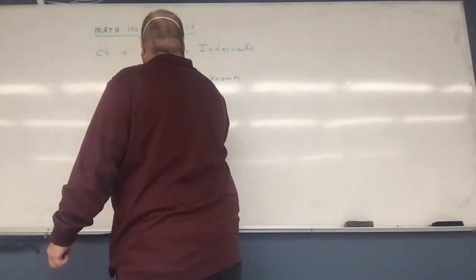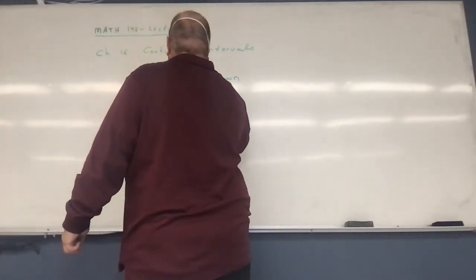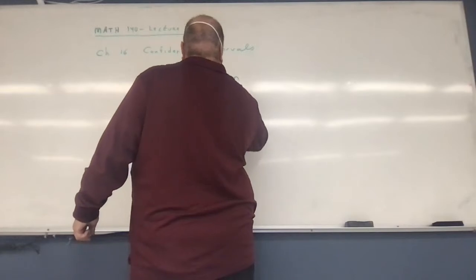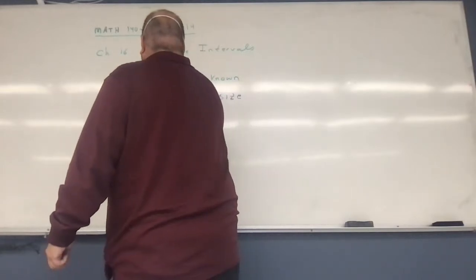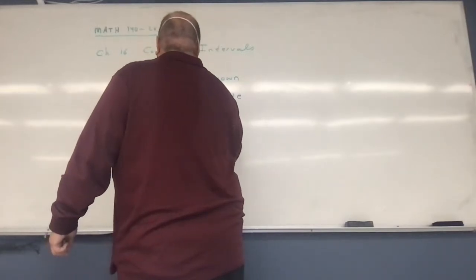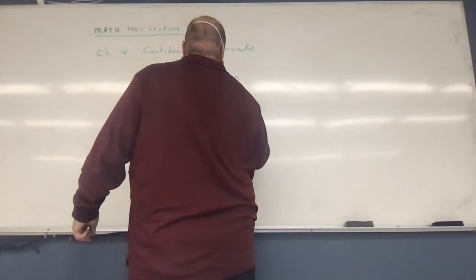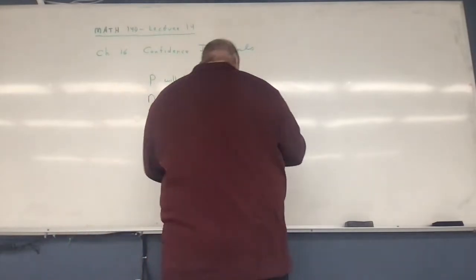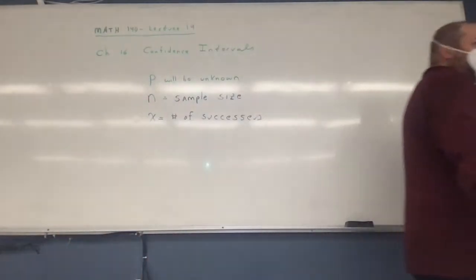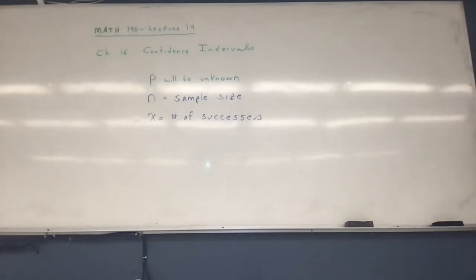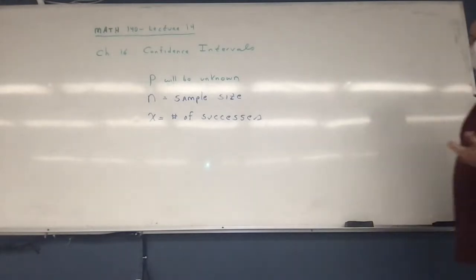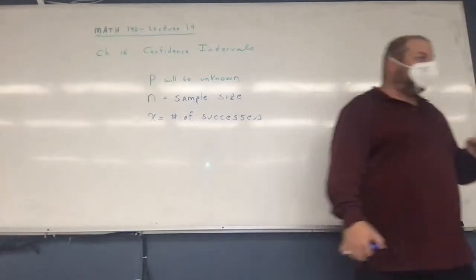N is equal to the sample size. And X is equal to the number of successes in my sample. In this particular situation, what is a success? Getting a person who says, yes, I smoked.